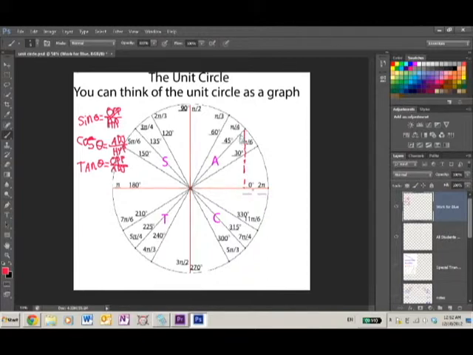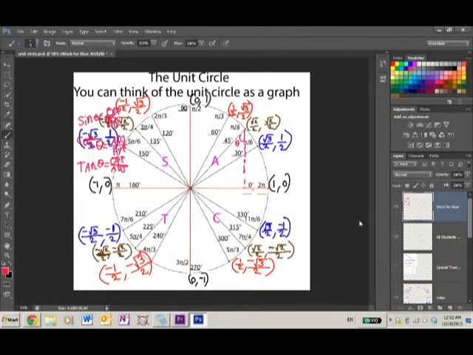Okay, so we're going to try and find this angle right here, and we're going to call it theta. First, we're going to look at this and say, okay, we've already figured out that this is 1 because it's a unit circle.